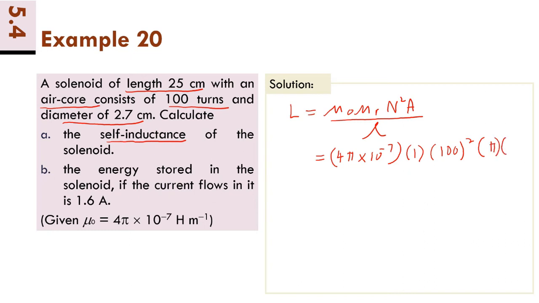So r is not given, but you have the diameter, so diameter equals 2.7, and we divide by 2 to get r. So 2.7 divided by 2, we will get 1.35 centimeter. Then don't forget to convert to meter. Don't forget to square.